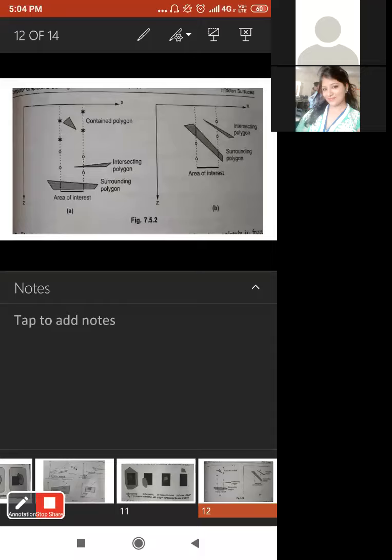Now listen to the explanation carefully for this Warnock's algorithm, or area subdivision algorithm. If all the polygons are disjoint from the area, then the background color is displayed in the area.